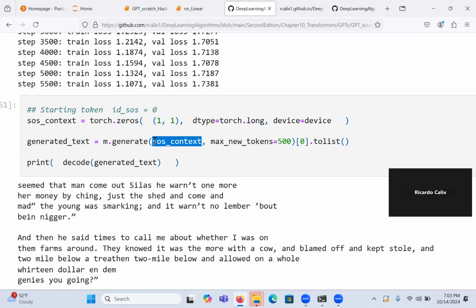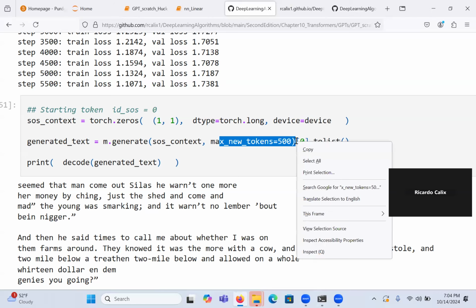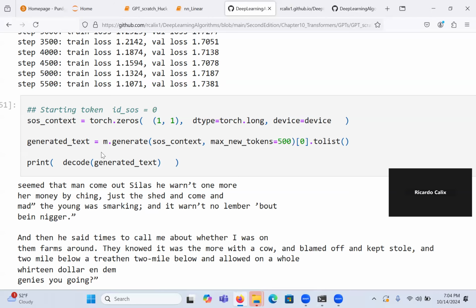Notice I give it the SOS context, and I give it max tokens, which is basically how much text I want it to generate in a for loop. That's what we're going to look at, this generate function. These other parts are just to extract the data that you get. Then the generated text goes into decode.